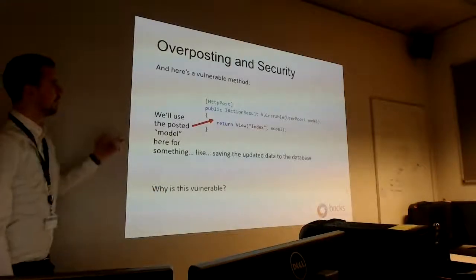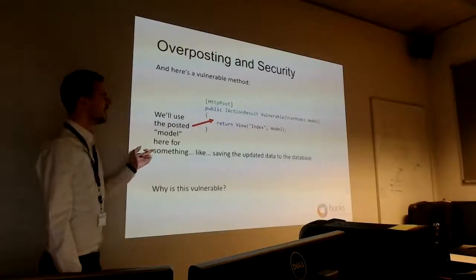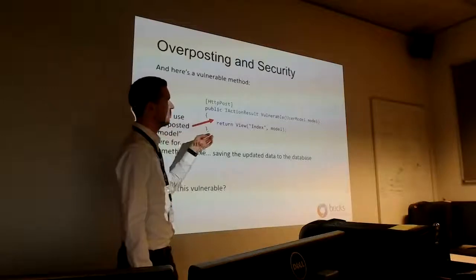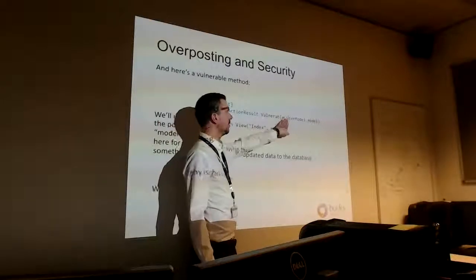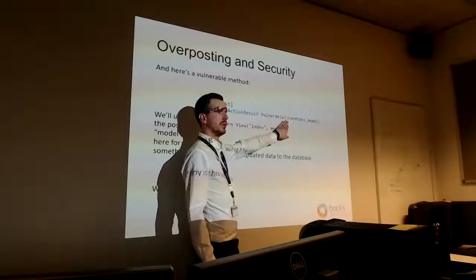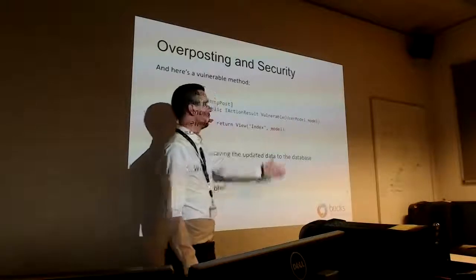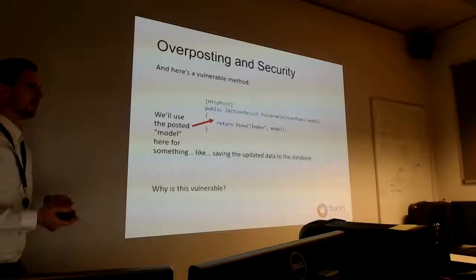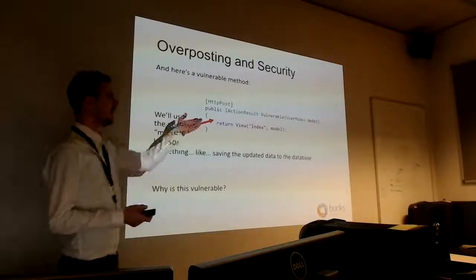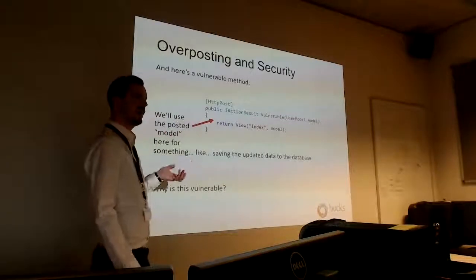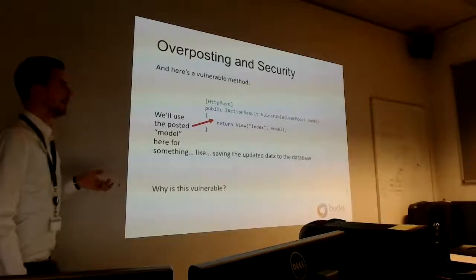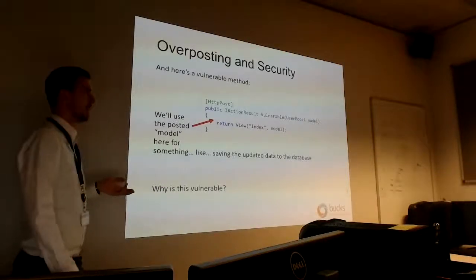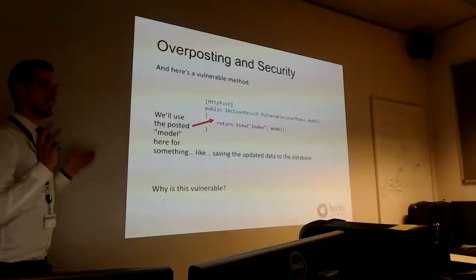Now, what's happening here is that this method is accepting a user model, and the user model consists of a name and the isAdmin attribute. So if this method gets in a valid model with a name and an isAdmin field, it will say fine, that's a valid model.